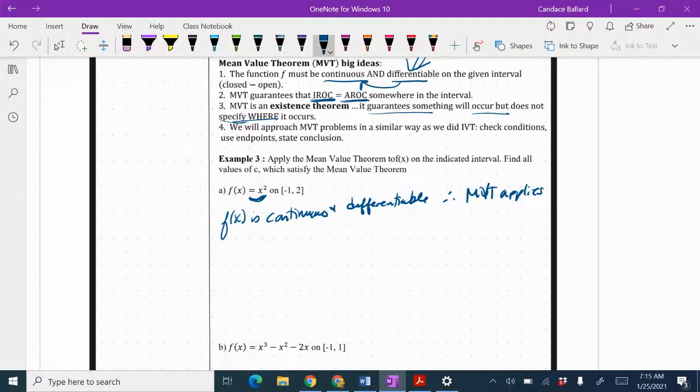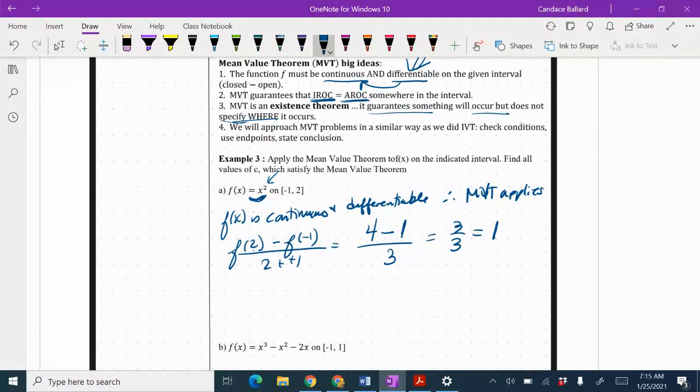Okay, so I'm going to figure out the slope. I need to calculate f of 2 minus f of negative 1 over 2 minus negative 1. Putting 2 into x squared, that would be 4. And then I'm subtracting, putting negative 1 into x squared, and that would be 1 over 3. So it looks like I've got 3 over 3, which is just 1.